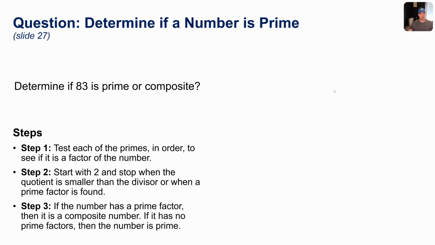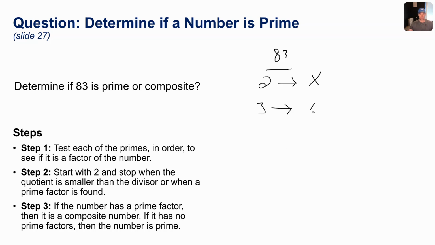Trying another number, we have the number 83. So we know 83 is not divisible by 2, right? Since it doesn't end in 0, or 2, I should say, or an even number. So 83, if I do each of these divisibility tests, is not divisible by 2. If I did 3, well, let's test it.